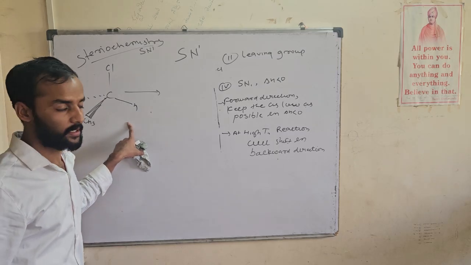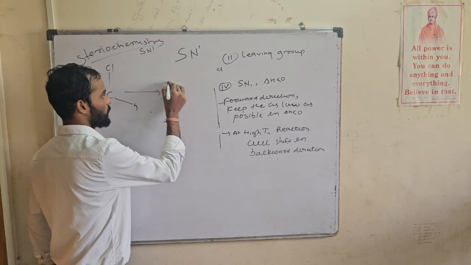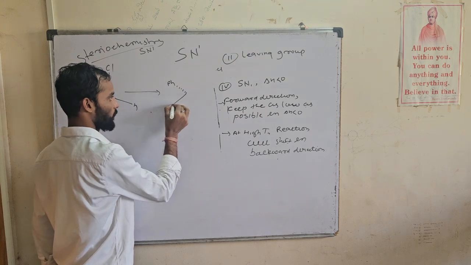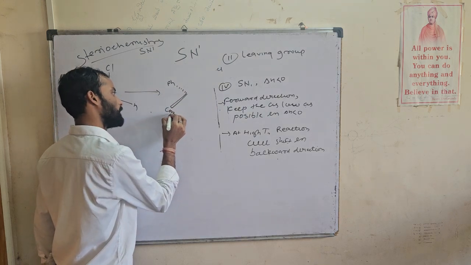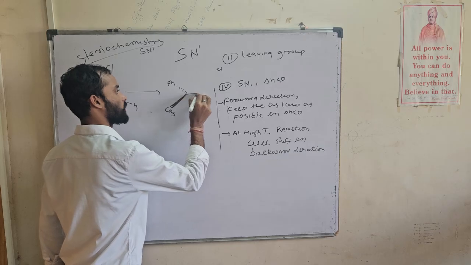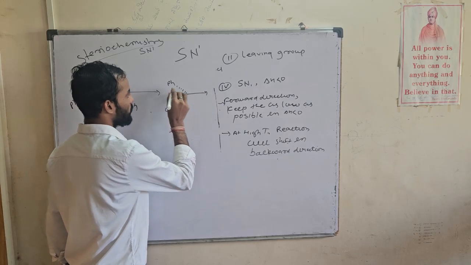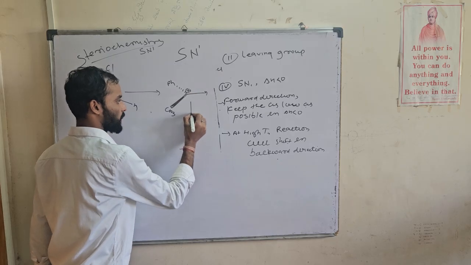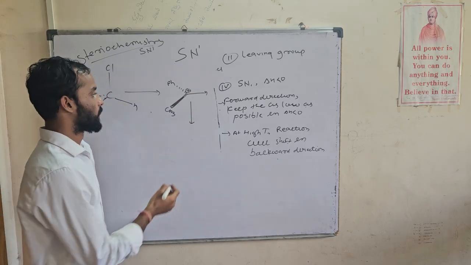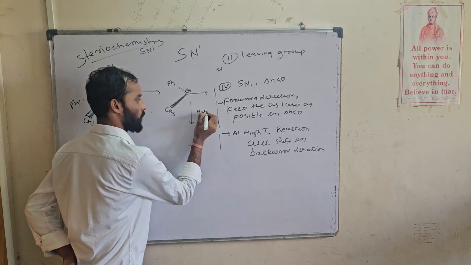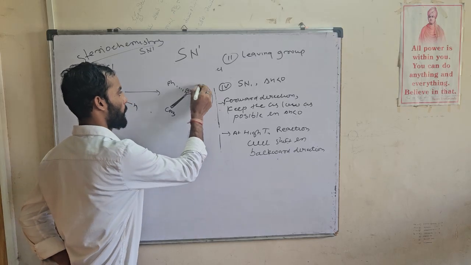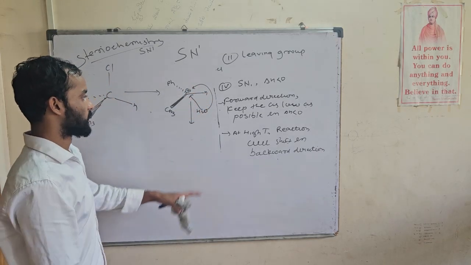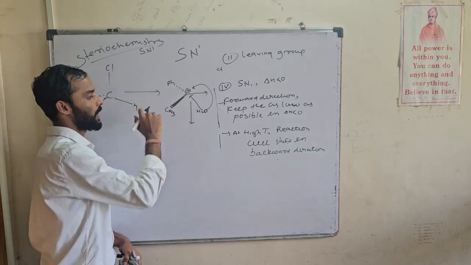In the first step, it will form a carbocation, where the methyl group is present above the plane and the phenyl group below the plane. Now in the second step, the water molecule, which is acting as a nucleophile, will attack from top or from bottom. It means it has 2 options to attack the carbocation.